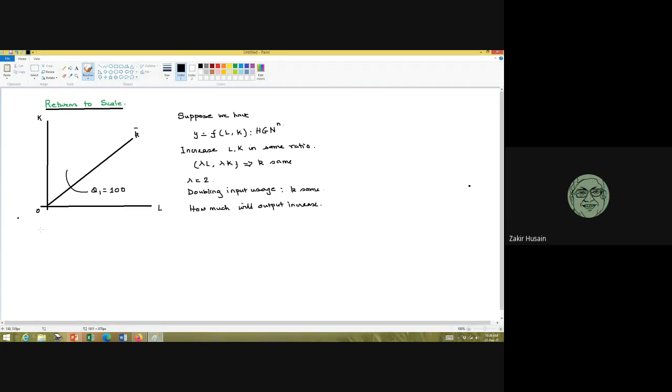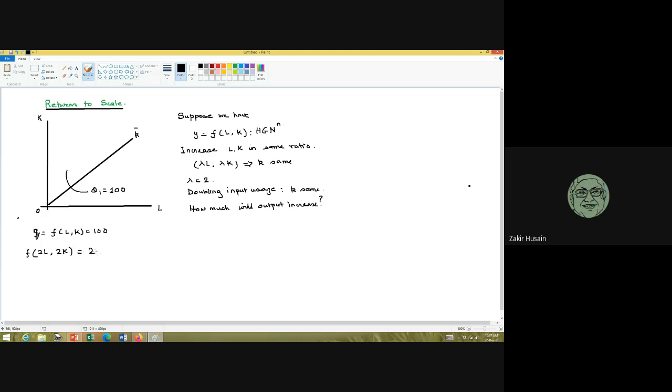Okay. So in that case, let's take the simplest example first. Q was f(L, K) equal to 100. We have doubled inputs. So it is 2L and 2K.